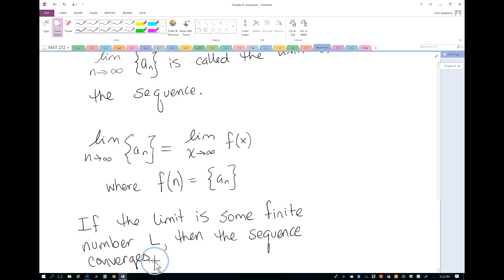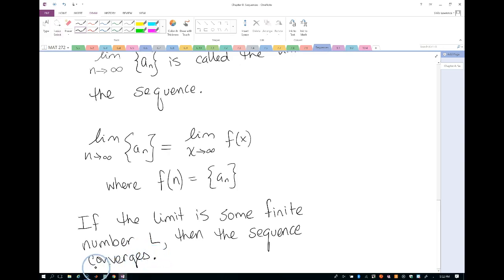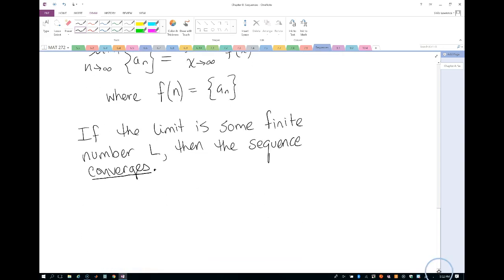But if for some reason the limit does not exist, or we get positive or negative infinity, then we say that the sequence diverges. We would never answer a limit question with positive or negative infinity. That just means that the sequence diverges. And that would be our answer. We would say diverges.